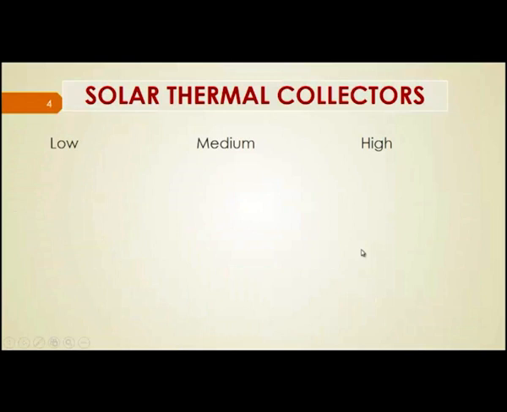running the turbines. And we can classify the solar thermal collectors into different types according to the temperature they are heating. So, we can have low temperature thermal collector, medium temperature thermal collector, high temperature thermal collector.